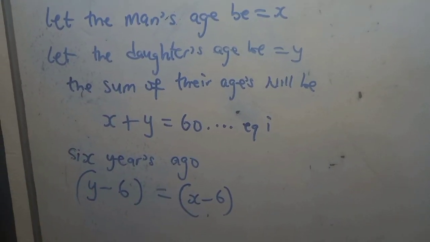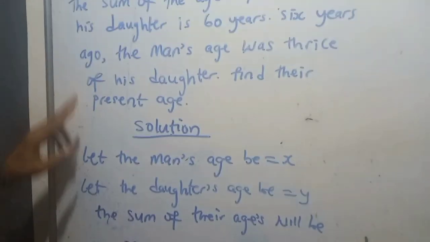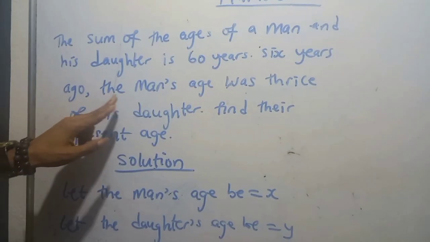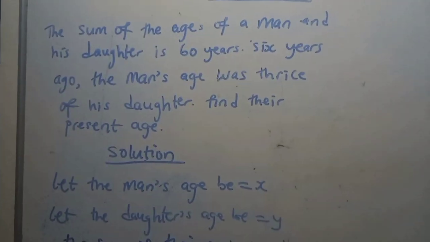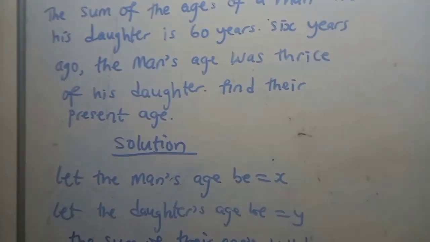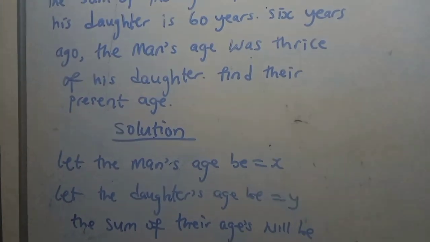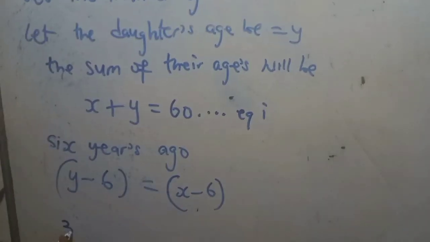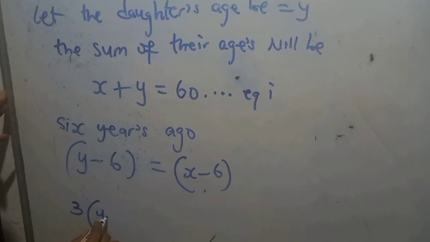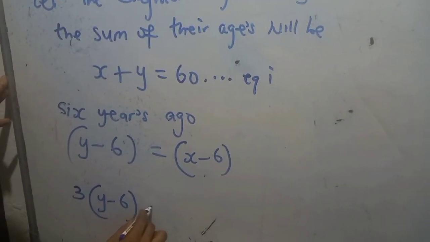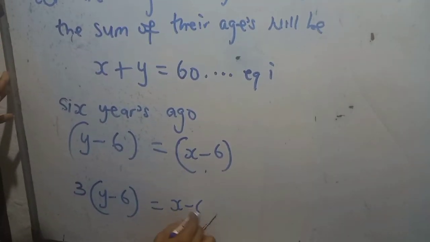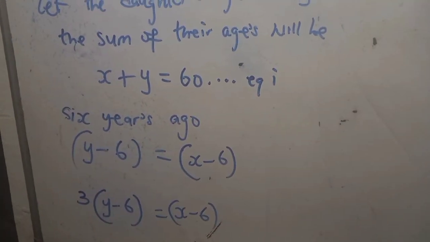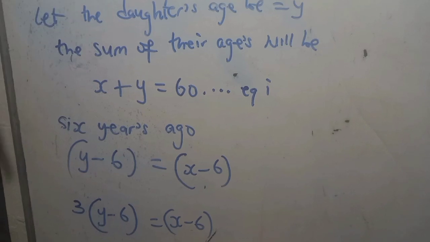What happened 6 years ago? The man's age was thrice of his daughter.